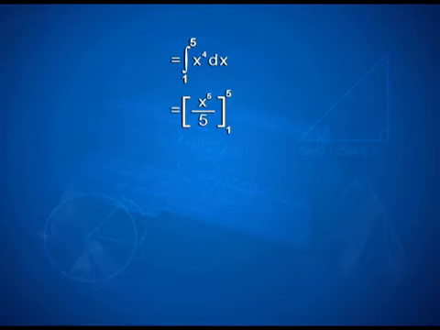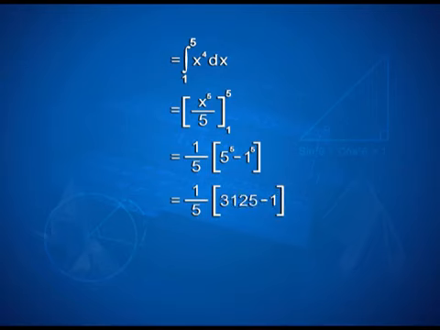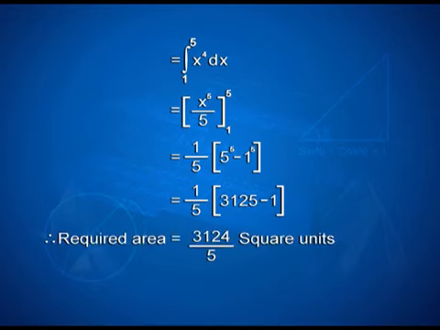On applying limits, we have 1 upon 5 into 5 to the power 5 minus 1 raised to 5, that is equal to 1 upon 5 into 3125 minus 1. Therefore, the required area is 3124 upon 5 square units.